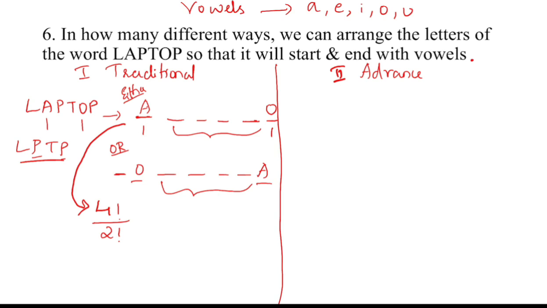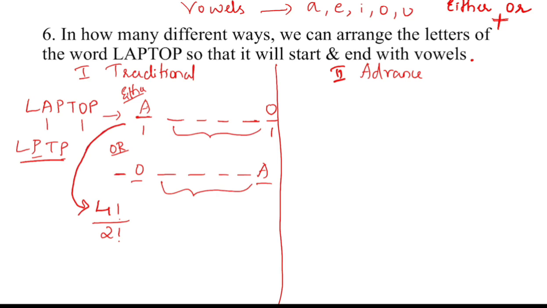This is one case, but it can be arranged in this pattern also, isn't it? So every time when there is an either or condition, when there is either or case, always the resulting things get added.